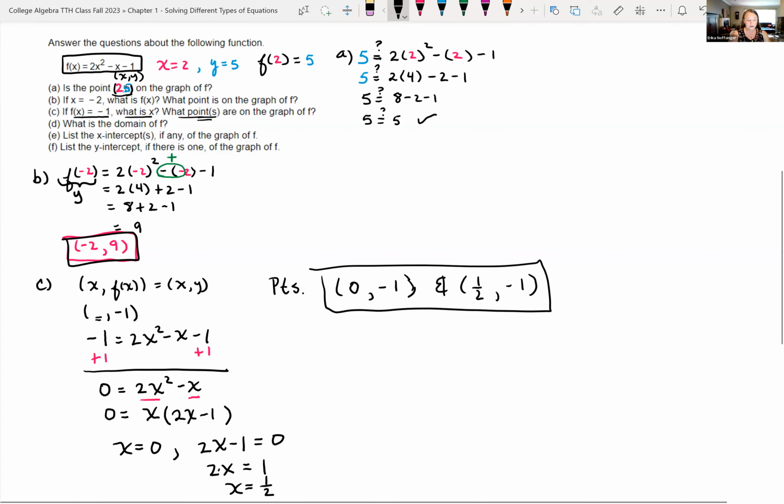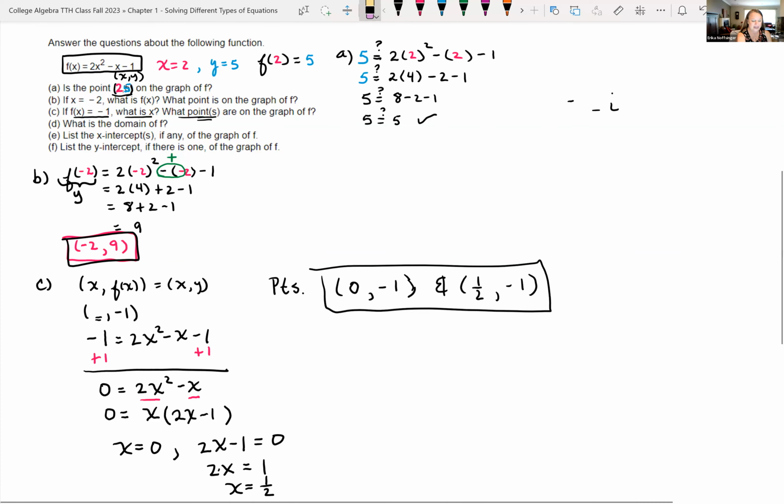And when we're looking for the domain, we're thinking it's going to be all real numbers, except if there's any trouble spots in here, something that would give me back something that was imaginary, or if it wasn't defined. And so that would be things underneath the radicals. So I can't have the square root of -1 or a square root of a negative, because that doesn't give me back a real number. That gives me back the imaginary number i.